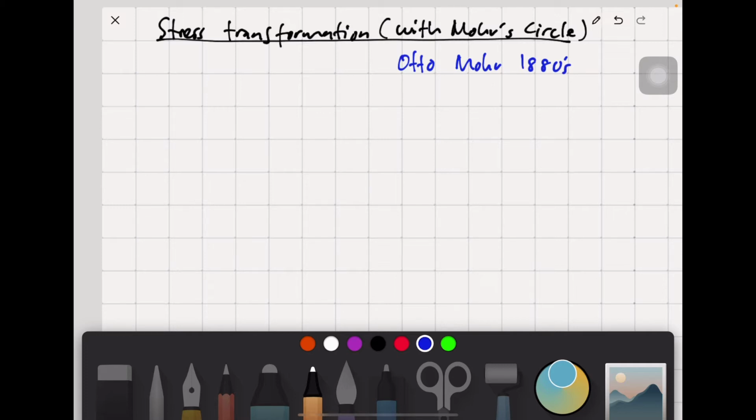A unique character is found on the x-axis, which is sigma. We know sigma as our normal stress, and on the y-axis is the shear stress.